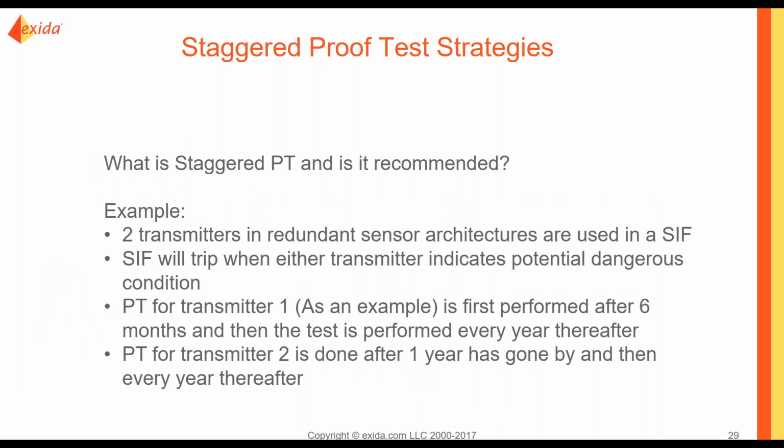What about staggered proof test strategies? Well, in redundant sensor architectures, the proof testing actually can be staggered. For example, what if you have two transmitters that are used in a SIF? The SIF will trip if either transmitter indicates a potential dangerous condition.